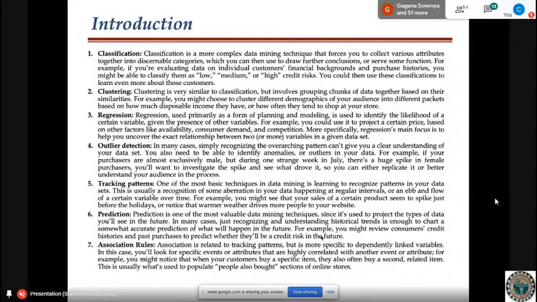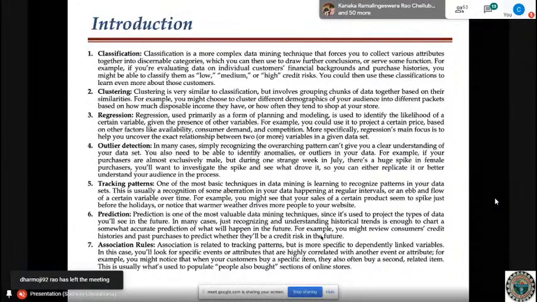They recommend something to you. Even if you open Facebook, they recommend videos based on your clicks and history. Even if you open YouTube with your account, they keep track of what kind of videos you're seeing, and based on that, they recommend other videos. All of these recommender systems work based on association rules.